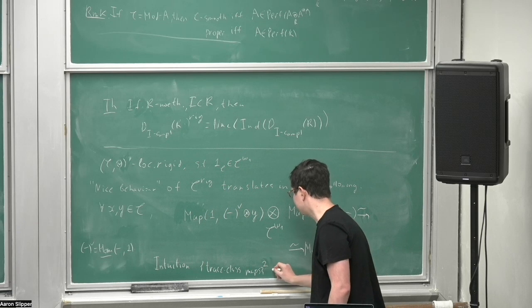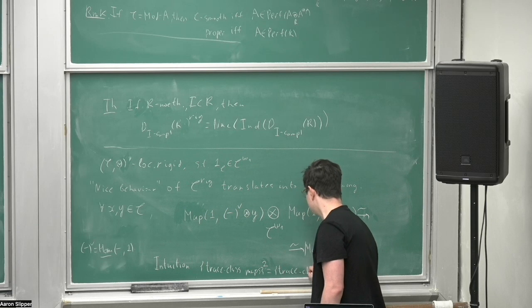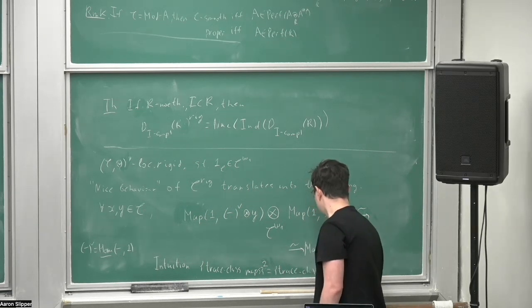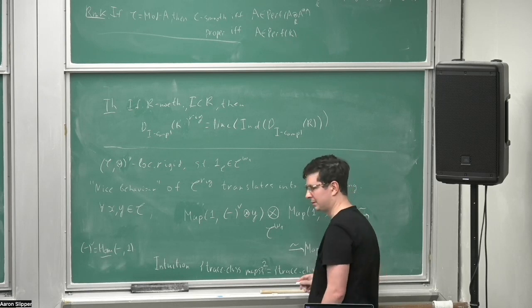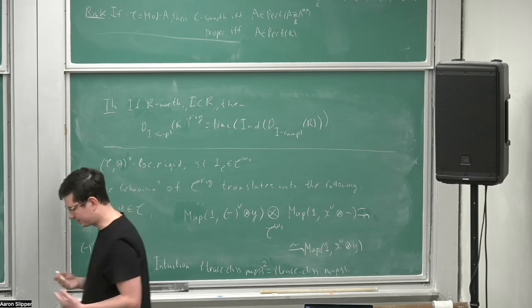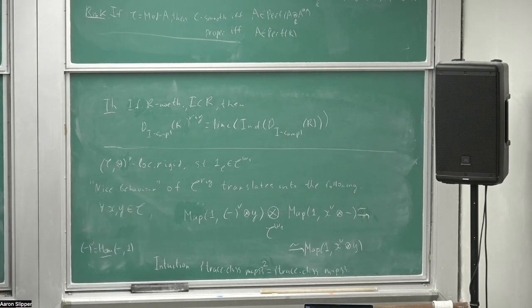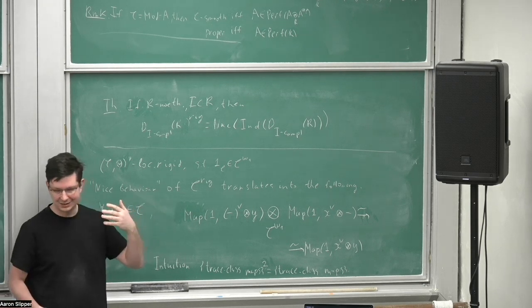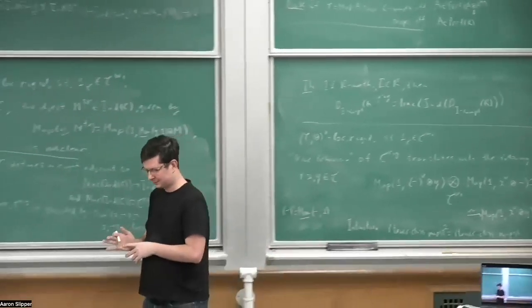If you take this ideal, its square equals itself. Why is this intuition but not a statement? Trace class is a property of a morphism in a homotopy category, but you can make it into a more precise version of an ideal.